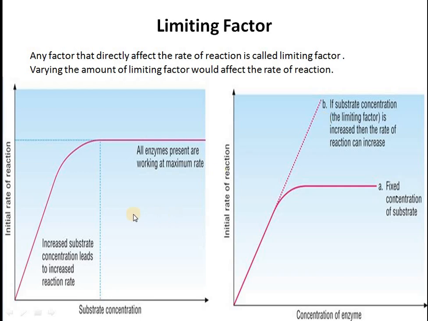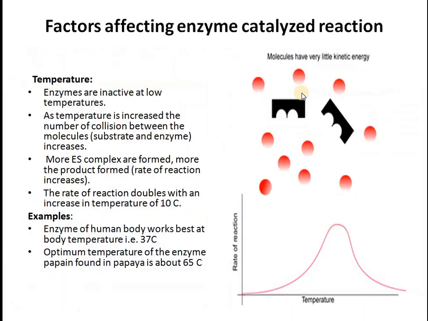So limiting factor can be an enzyme or a substrate depending upon whether they are in limited amount or not. So let me tell you the definition again. It's any factor that affects the rate of reaction and whose varying amount would affect the rate of reaction.